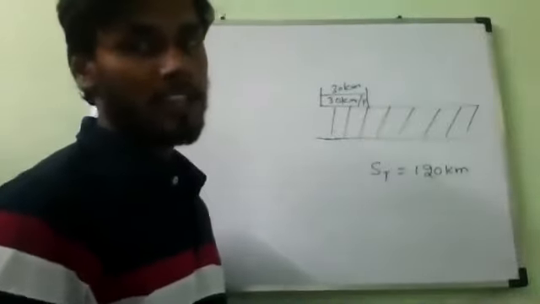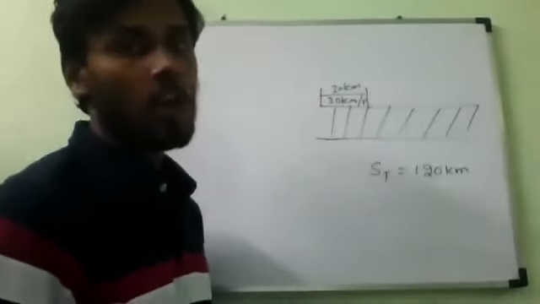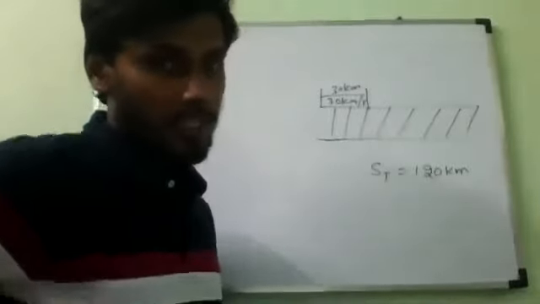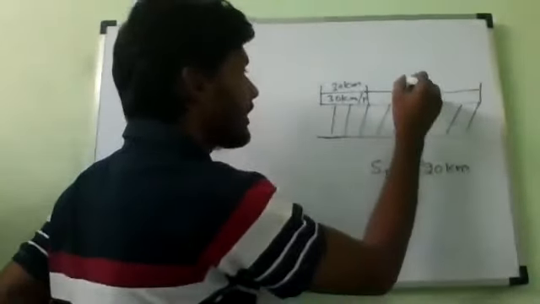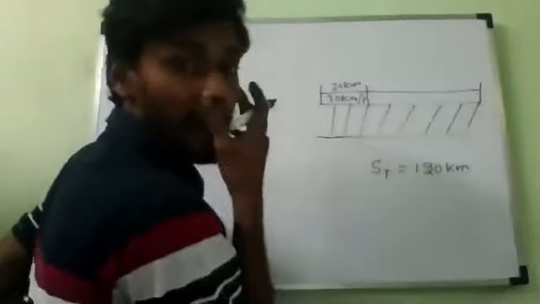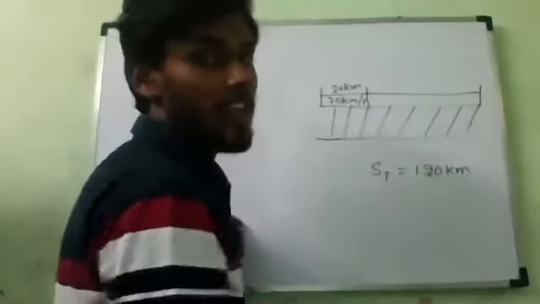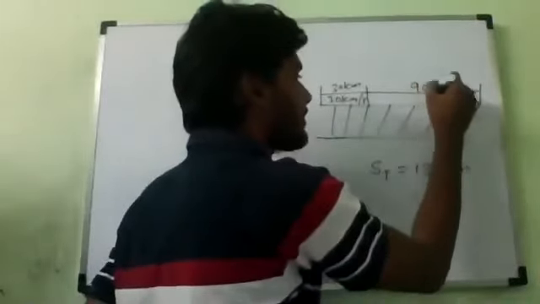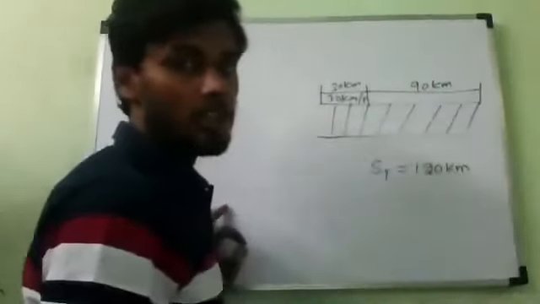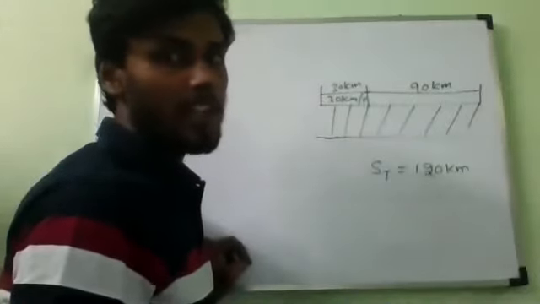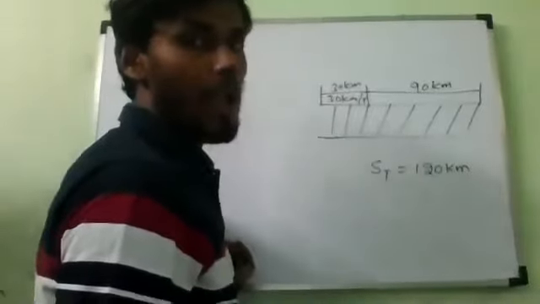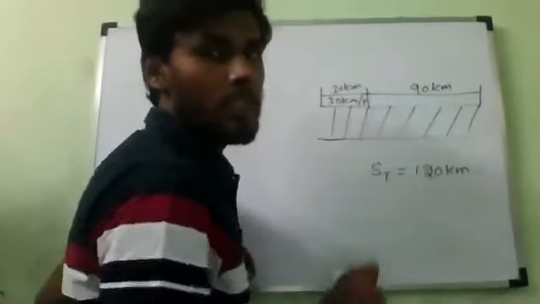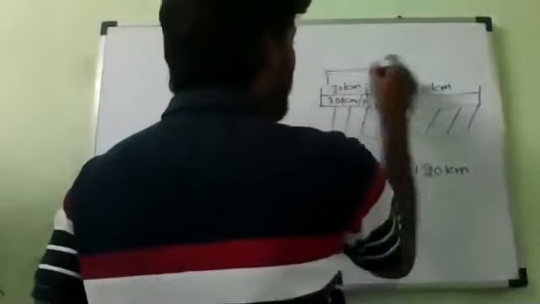How fast must the train travel the next 90 kilometers so as to average 60 kilometers per hour for the entire trip?